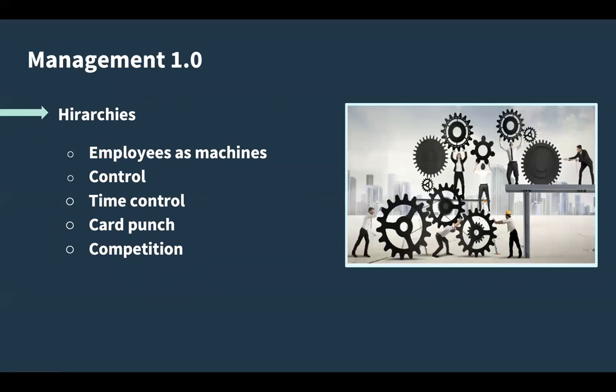Most probably we all know, and we read a lot about, the evolution of management and Management 1.0. Basically, that started in the US in the early 20th century during the Second Industrial Revolution, when it was actually the first time that mankind had to face real mass production.